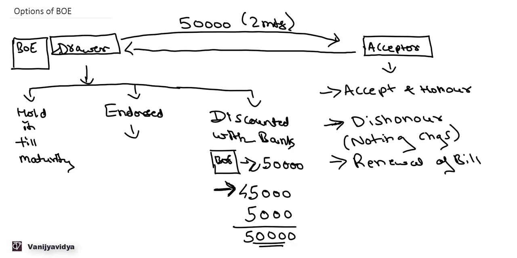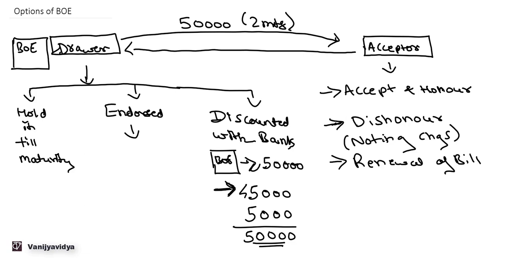There are negotiations between the drawer and the acceptor, and accordingly a new bill is drawn on the amount due. The acceptor might make some partial payment, and then we will draw a new bill on some partial amount, or he may also say that the bill has to be drawn on the total amount, whatever is the case.